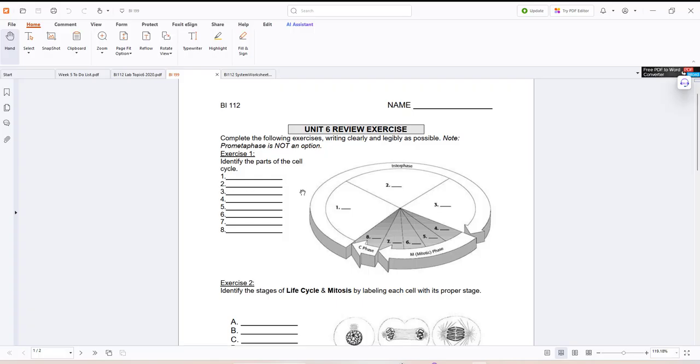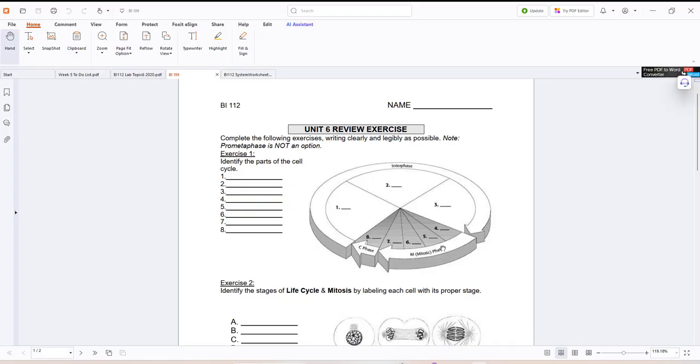So since this is the cell cycle, just remember we have interphase is 90% of the time, and we've divided interphase into the 3 stages of interphase. So what's stage 1, what's stage 2, what's stage 3. And then we have the mitotic phase, so we're in mitosis. And notice with the mitotic phase, we only have 4 stages. Okay, so we're not talking about pro-metaphase.